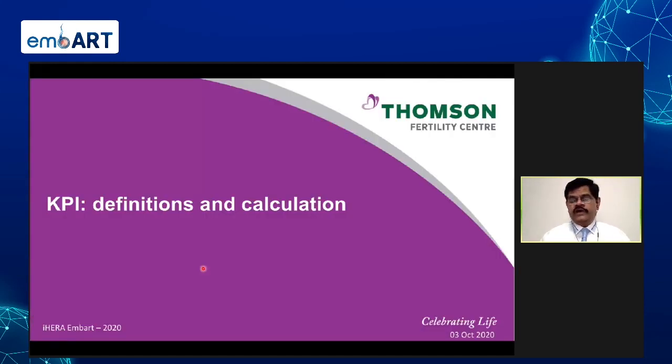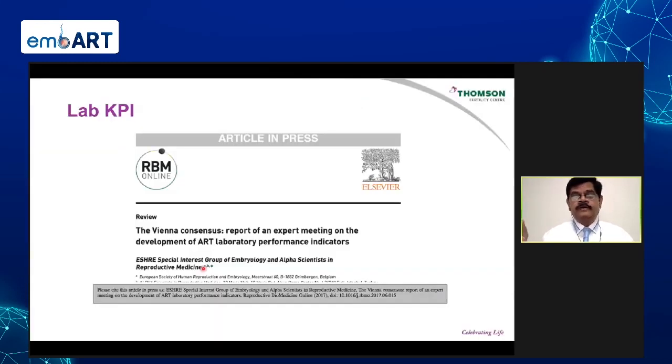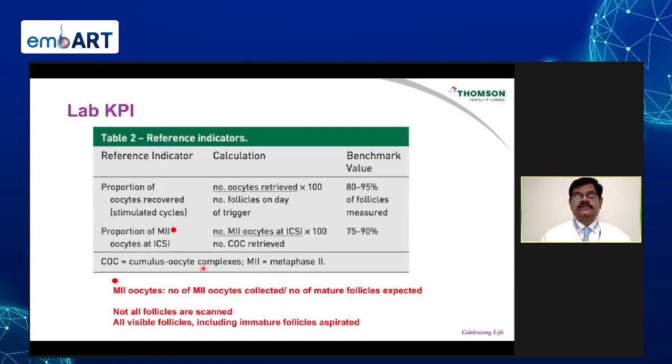So how do you define these KPIs and how do you calculate them? To make our job easier, the Special Interest Group of Embryology and the Alpha Scientists in Reproductive Medicine came together and prescribed some of the ART laboratory performance indicators in 2017.